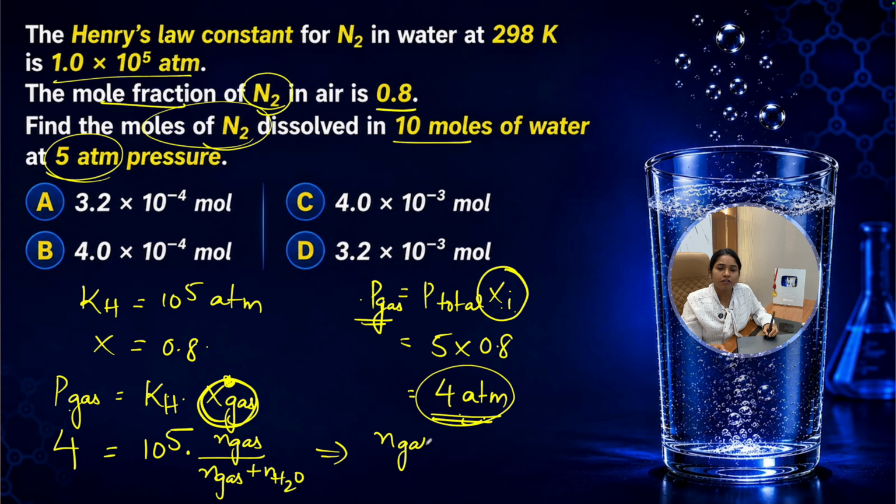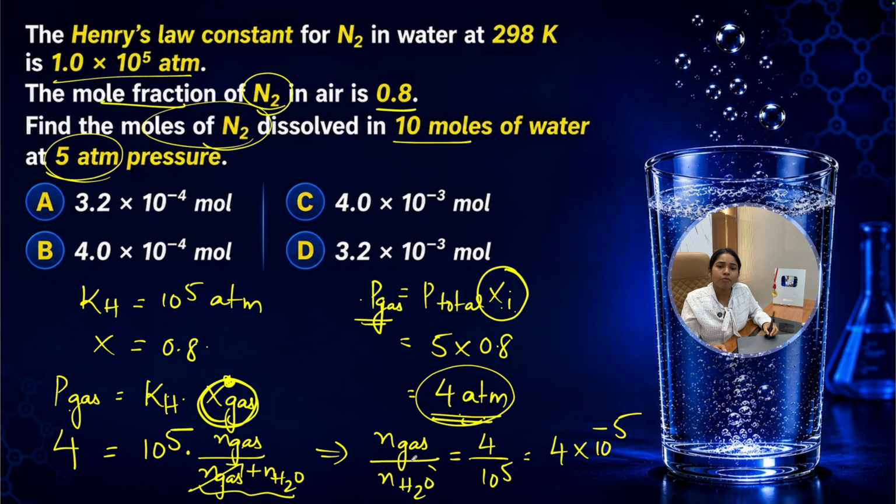So you find the mole fraction of gas: number of moles of gas divided by 2. See this one, whenever you do this numerical, the number of moles of gas is negligible when compared to total number of moles. Then 10 power of 5 goes over, that is 4 divided by 10 power of 5, which means 4 into 10 to the power of minus 5.